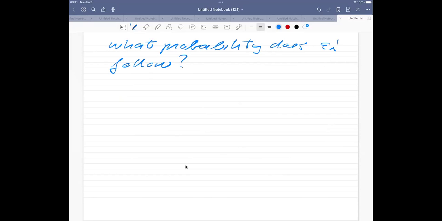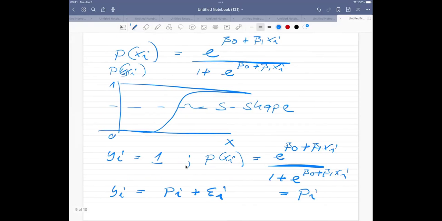So what we decided is that when y of I is equal to 1, then it's equal to this P of I, which we defined, plus epsilon of I. Okay, so the probability is P of I. And P of I is given by this function here. And we have decided that when y of I is equal to 1, then this is the probability.